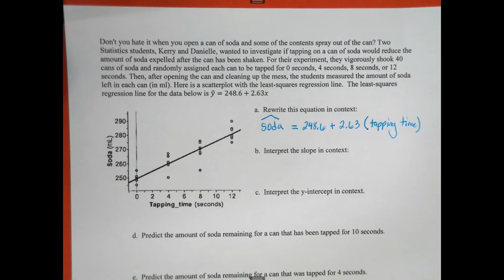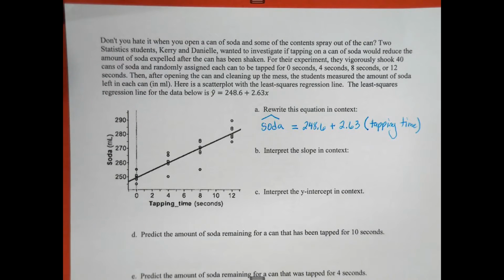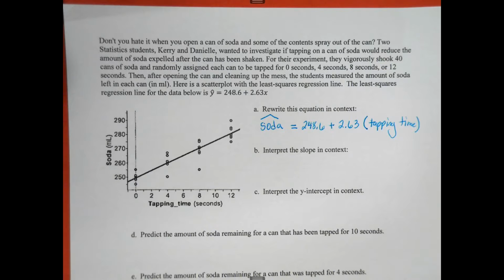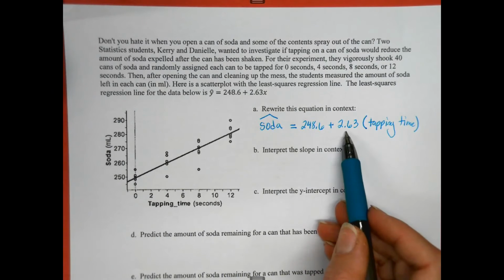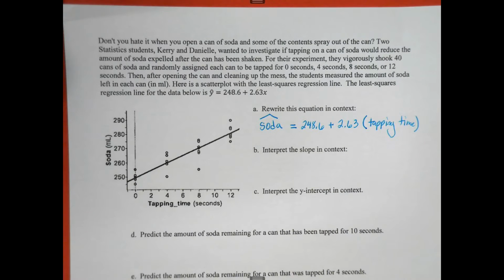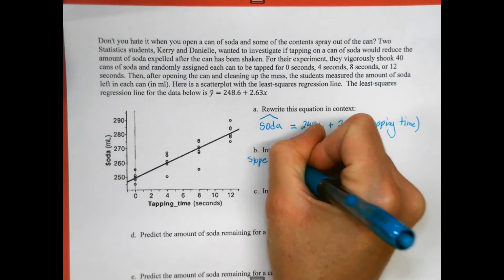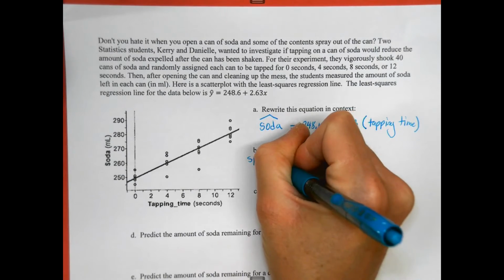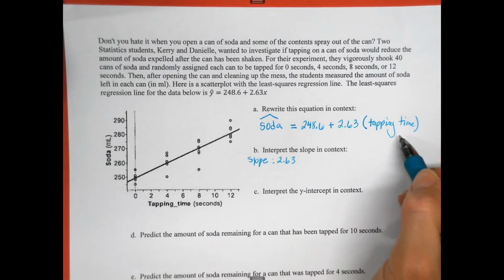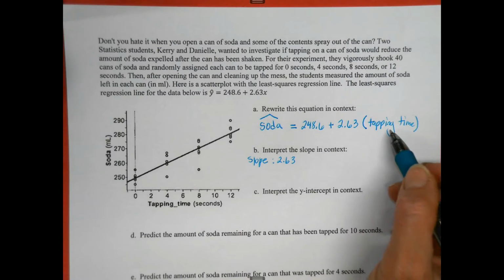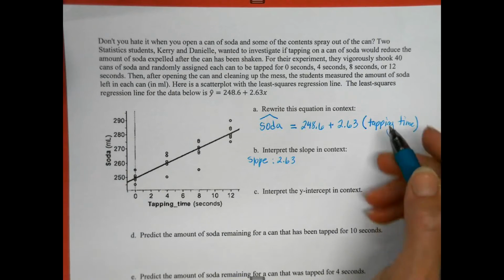In part B, it says to interpret the slope in context. Our slope here is 2.63. So what is that telling us? Well, that tells us for every 1 second increase of tapping, the predicted amount of soda remaining is going to increase by 2.63 milliliters.